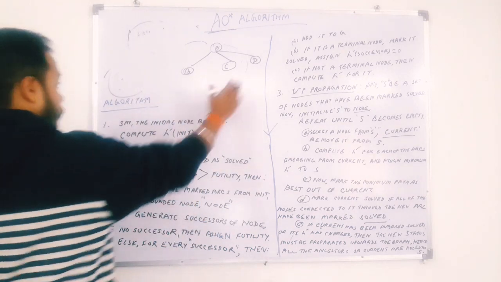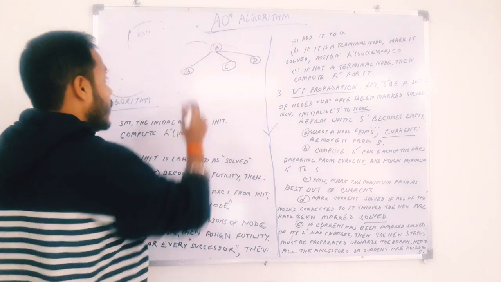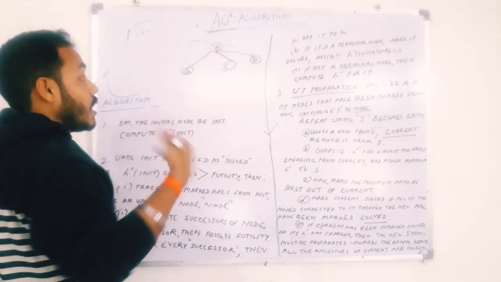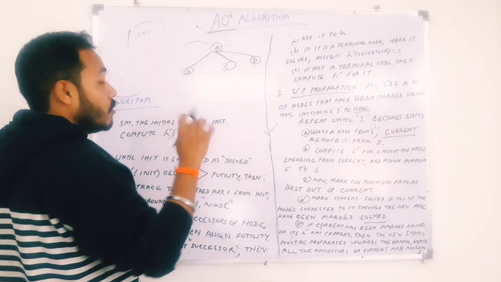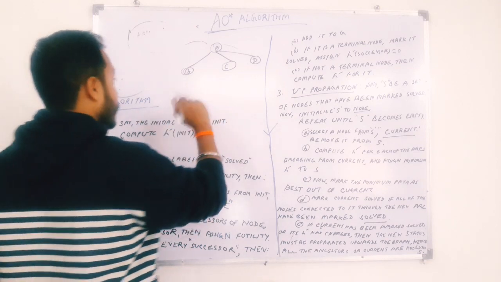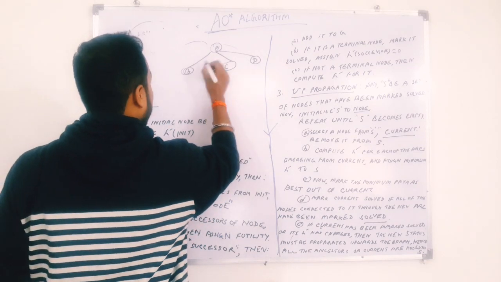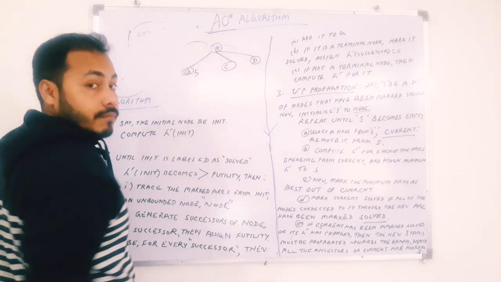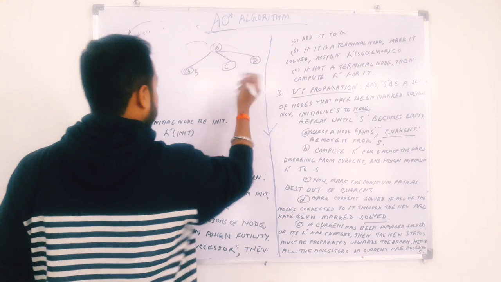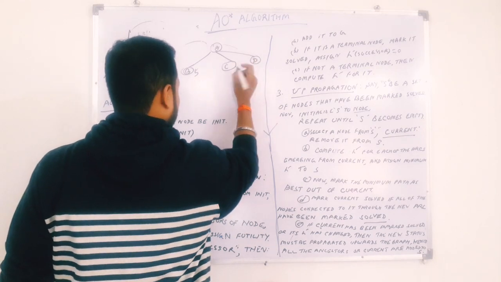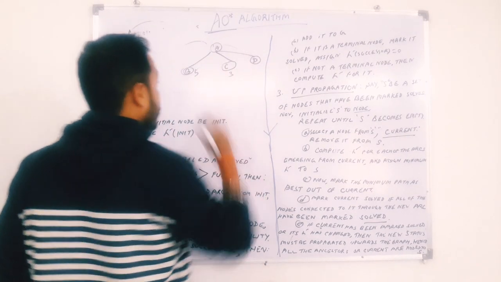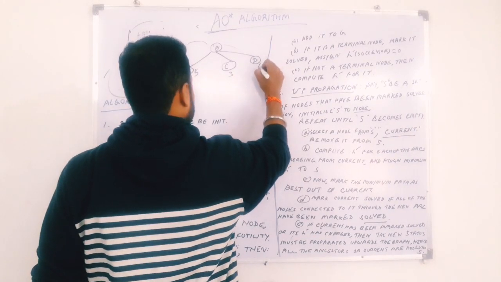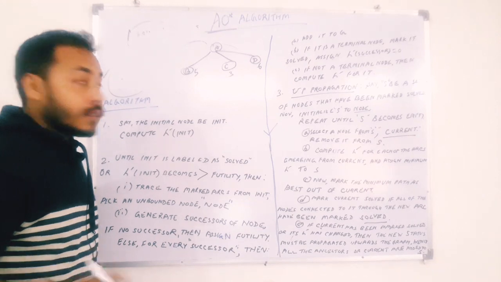Now you know that every node has some heuristic value. Heuristic value means the cost to reach the goal node, some value that will be calculated and assigned to it. Say for B we have 5, C has 3, and D has 6.